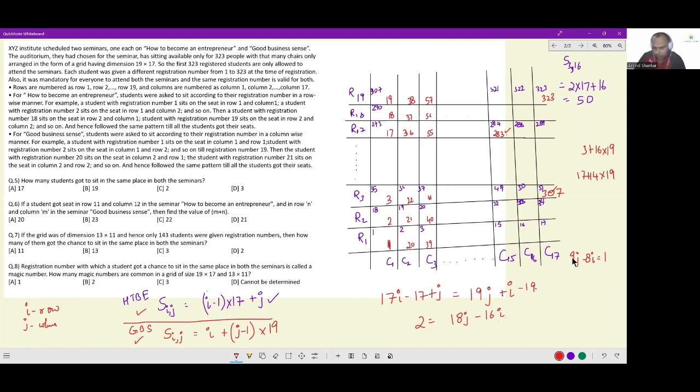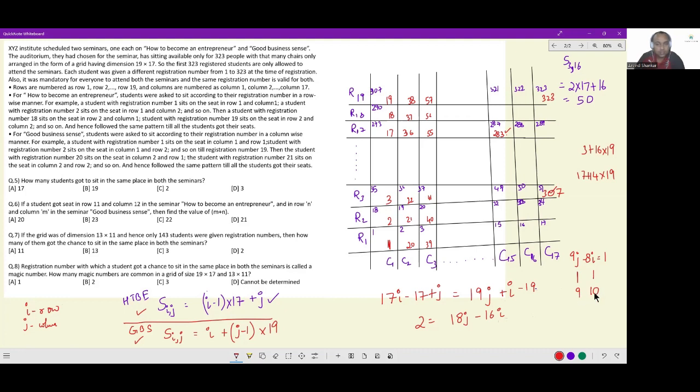Let's try. First thing I can see is 1 and 1 would work. The first possible solution set that we can get is 1 and 1, and that is fine. The next case would be when j increases by 8 and i increases by 9. So this becomes 9. This becomes 10. This is also a possible case.